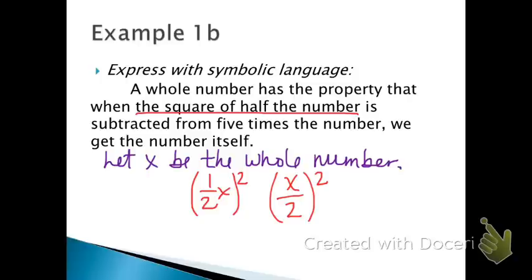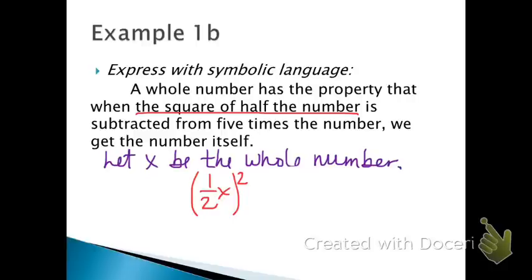And if I want to, we did this in the first module, if I want to get rid of the parentheses, I could write this as x squared over 2 squared, which would be 4. So all three of those would be representations of the square of half the number. Okay, but I only need one, so let's get rid of a couple of them so we can move on.